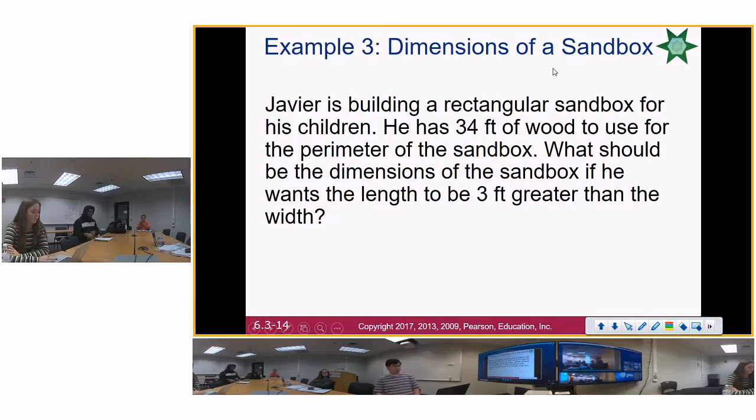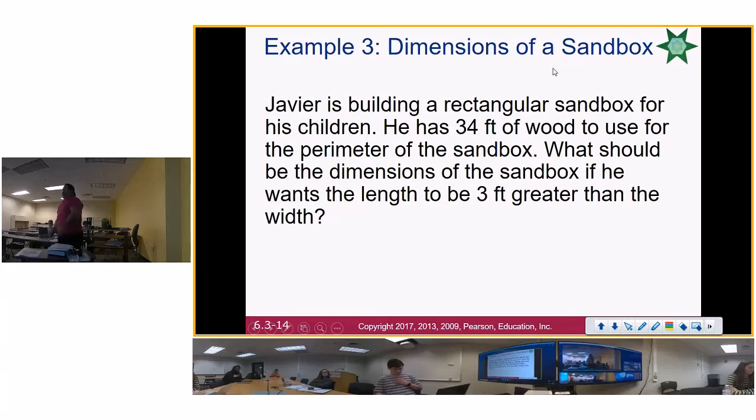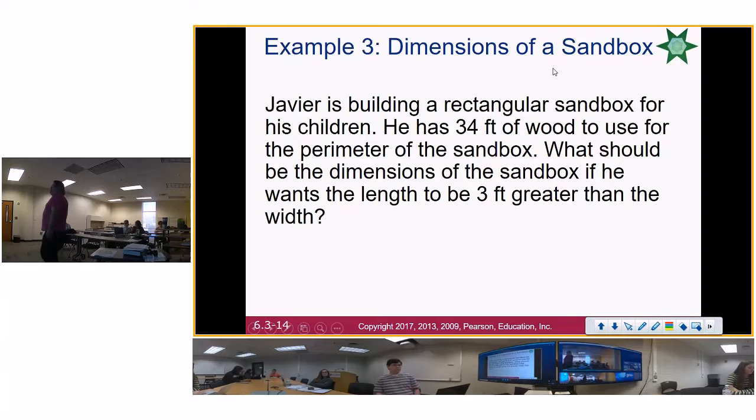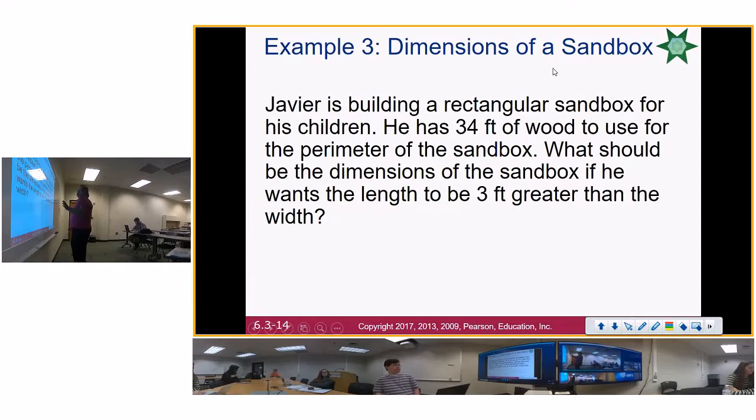So right here, you already know the perimeter. He has perimeter equal to 34. The perimeter of a rectangle is equal to 2L plus 2W. Okay?